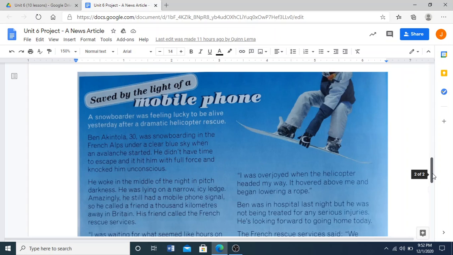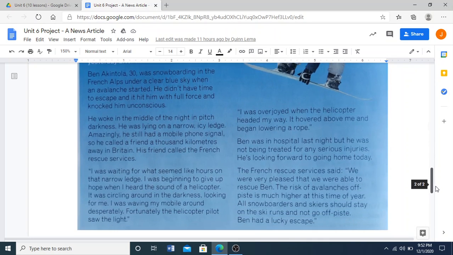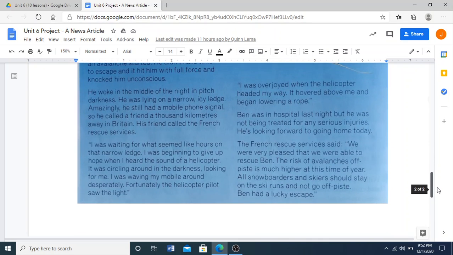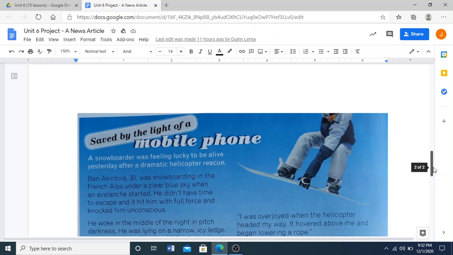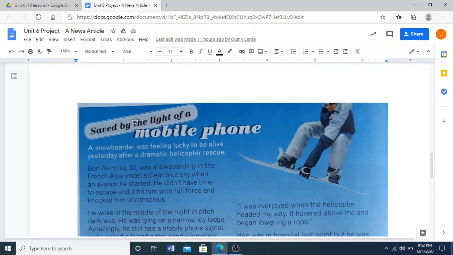So there's no need for me to read this to you. If you like, you can read it again in your books because we have read this article in Unit 6. I'm just showing you the format that you can write your article in. You can see it has a title that is written stylishly, Saved by the Light of a Mobile Phone.